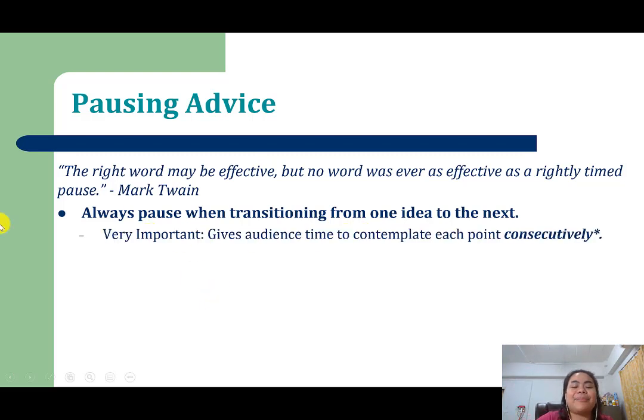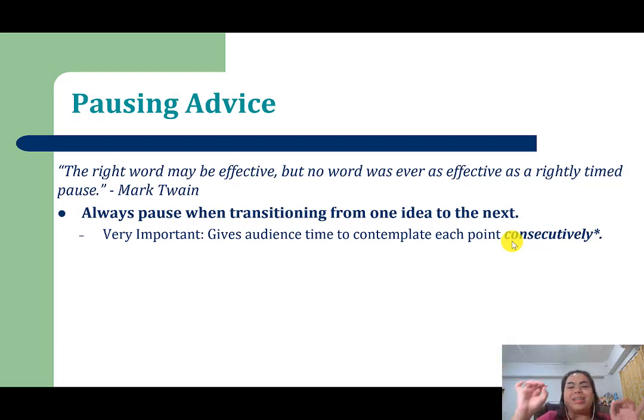Next, this is very important because pausing and transitioning, well, it gives audience time to contemplate each point consecutively. Consecutively means orderly. So they know that you're talking about main point 1 and still in main point 1, okay? Or they know that you were going to transition from main point 1 to main point 2.